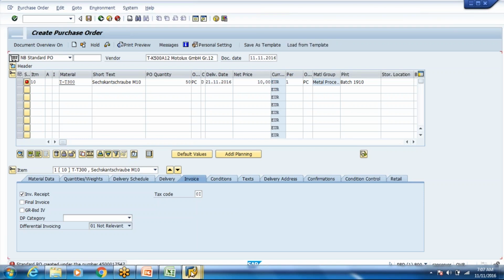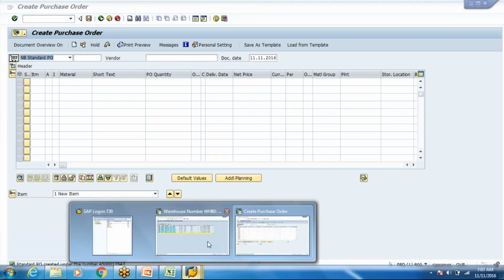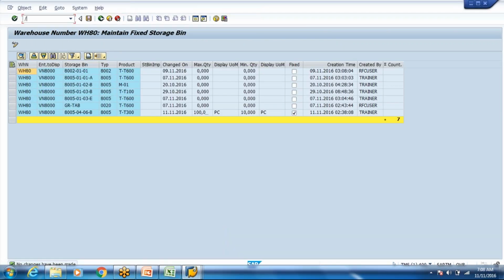By the time we create a delivery, I'll open SPRO to show you what controls whether the fixed bin strategy is working or not.